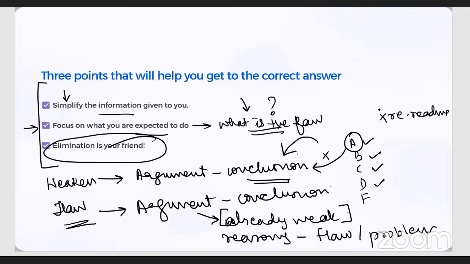You have to look at the 5 options and see which one of these 5 options will tell you what has made it weak. So the option that you're looking for will tell you something has been overlooked. There's been some misunderstanding. Maybe there's some generalization that's been made, or maybe there is some false dilemma, or maybe there's actually a correlation, but a causality has been determined. Something of those sorts will be presented.